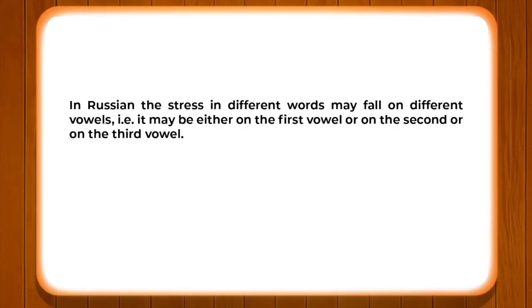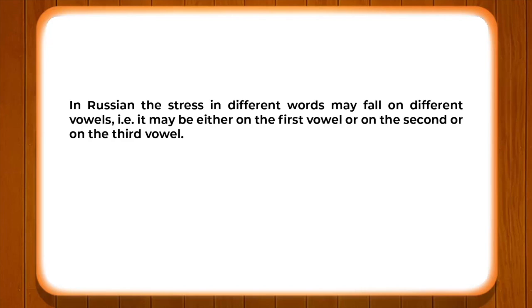As you know, in Russian the stress in different words may fall on different vowels. For example, we have done in our recent module such examples like malako or yablaka, where we have more than one vowel. So the stress is falling on the first, second or third as per the requirement of the word.